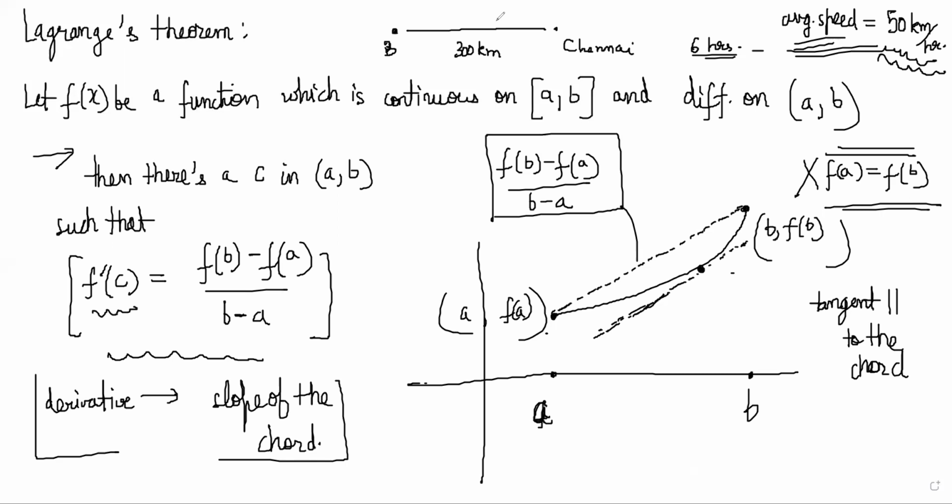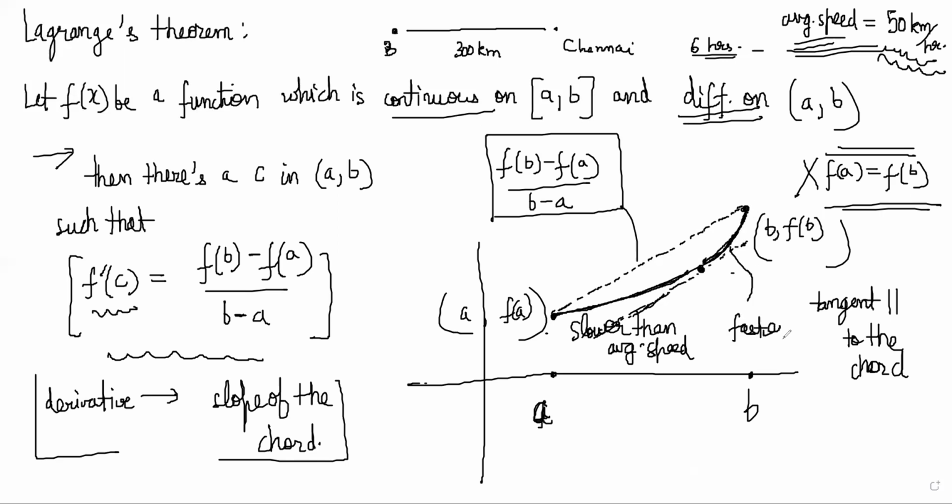And since it is a continuous and differentiable function, derivatives are defined at every point, right? So it has to cross that 50 value. Otherwise, how will it have an average of 50? So what we are saying is that this portion of the graph here is slower than average speed, and this portion of the graph here is faster than average speed.